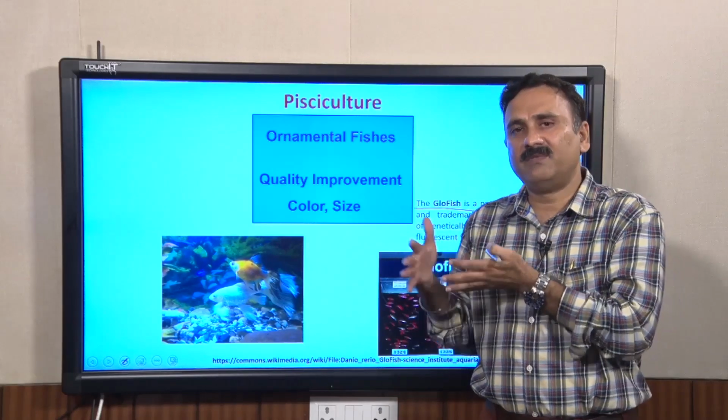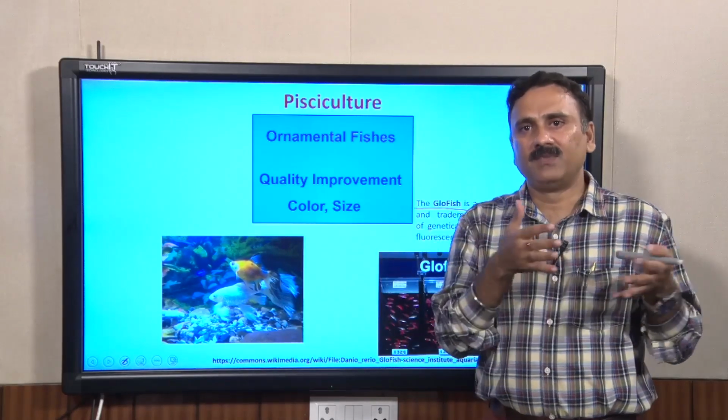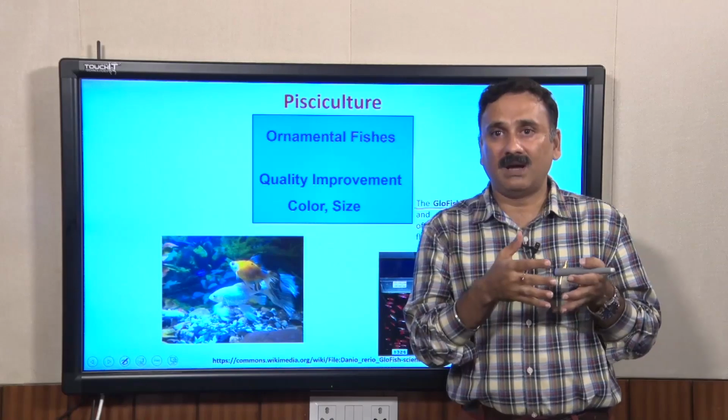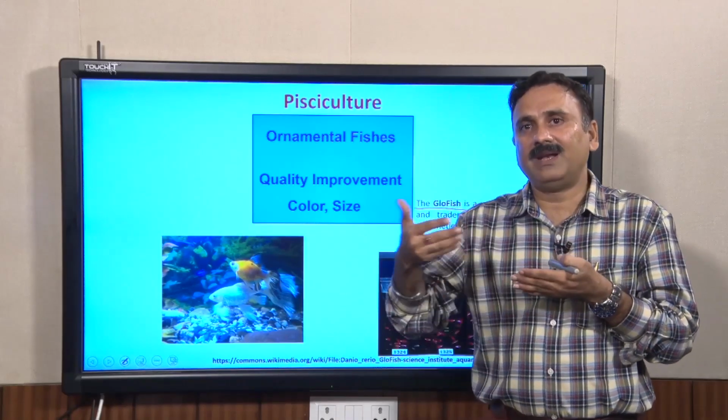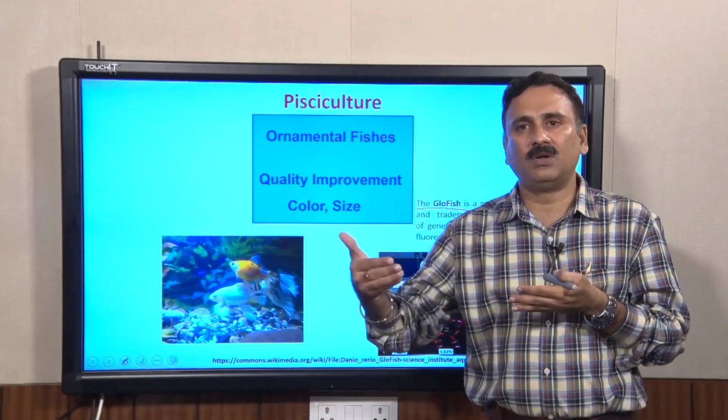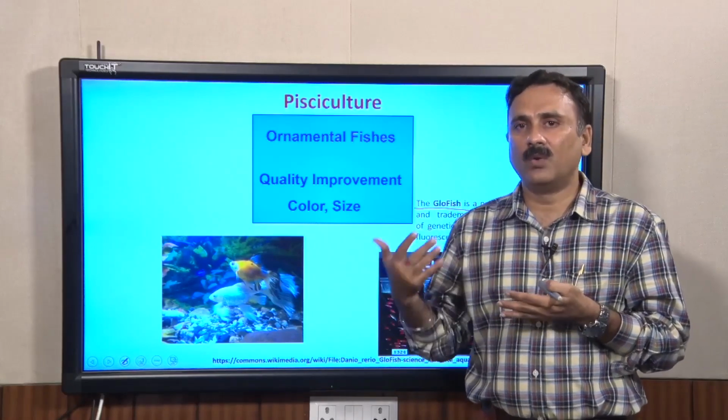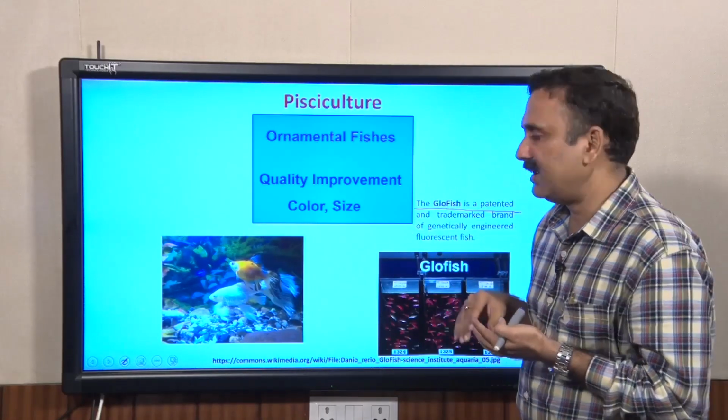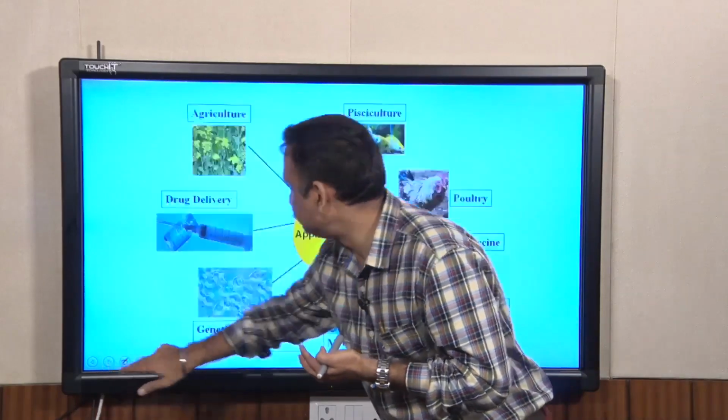These fishes are very popular in western countries because they are very attractive; even if you do not turn on the lights, they glow on their own, and that is why they are called glow fishes.